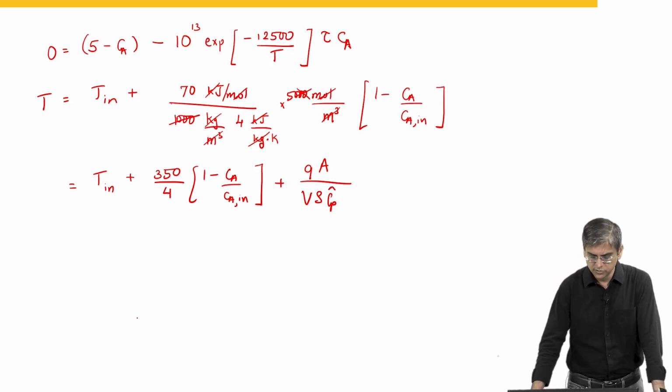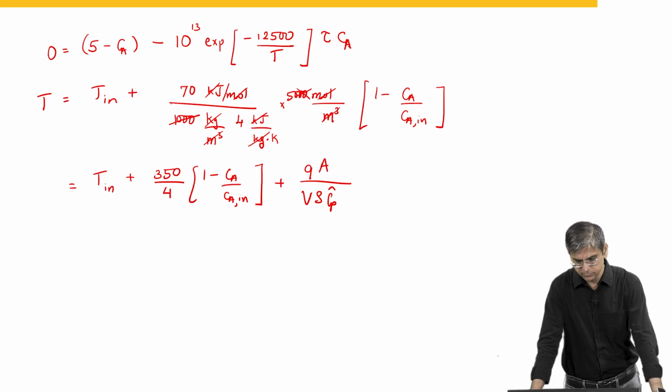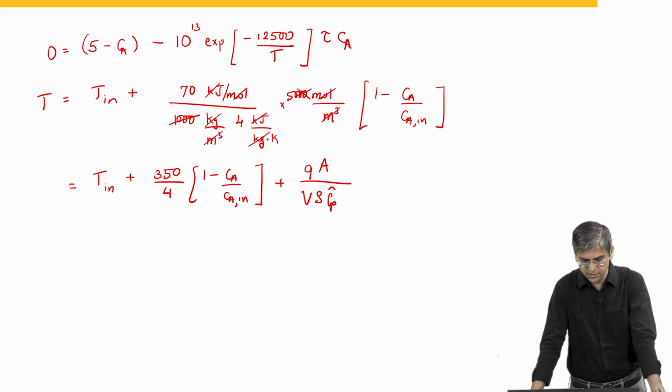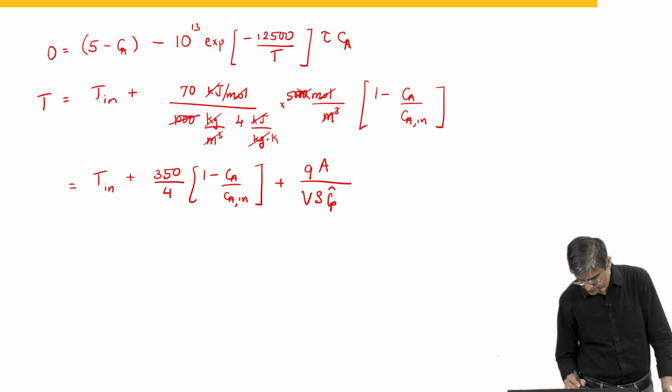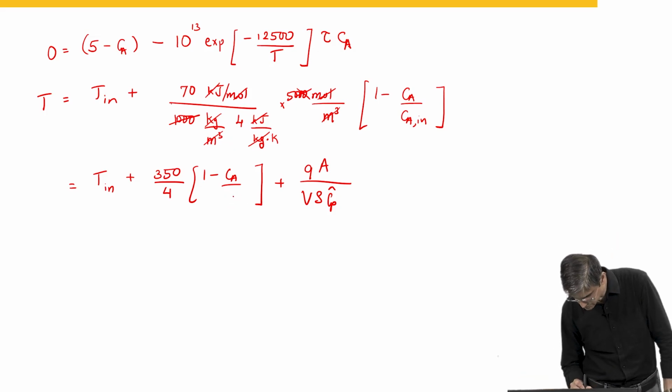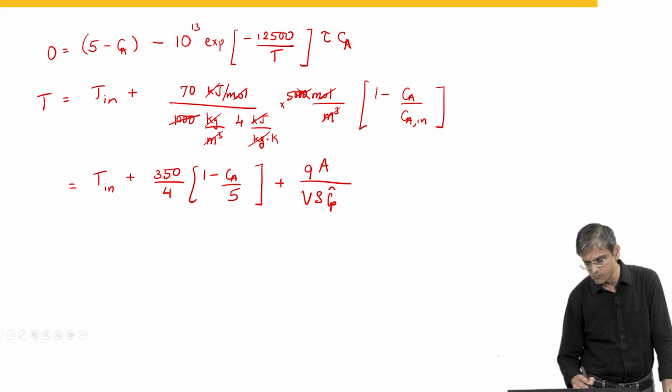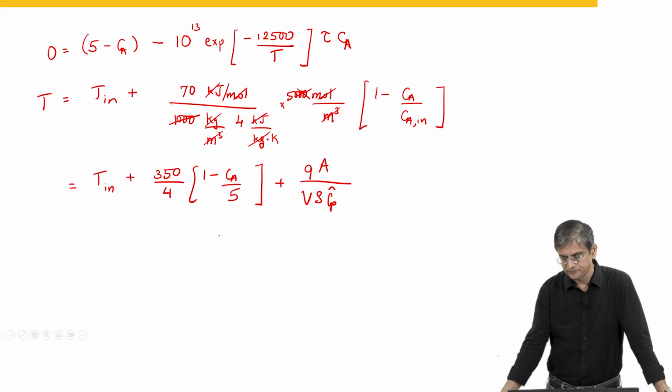Okay. So now you can just substitute this in the other equation and then try to solve it. Okay. So that's the way that we can solve Ca and we can just write this as 5.